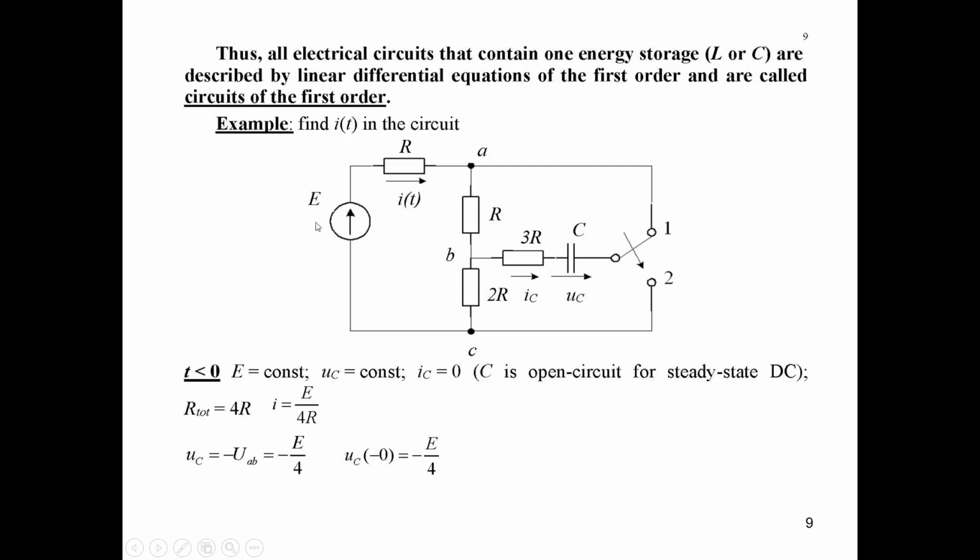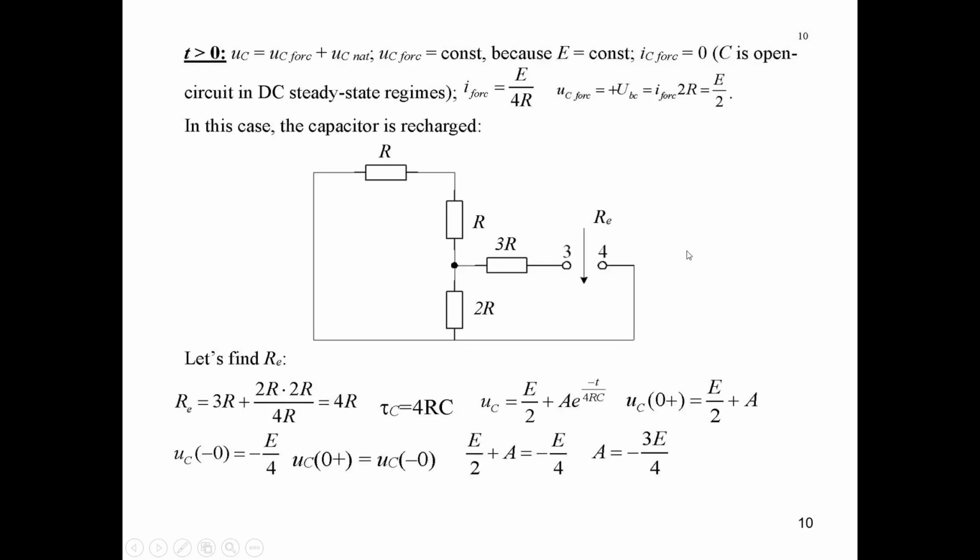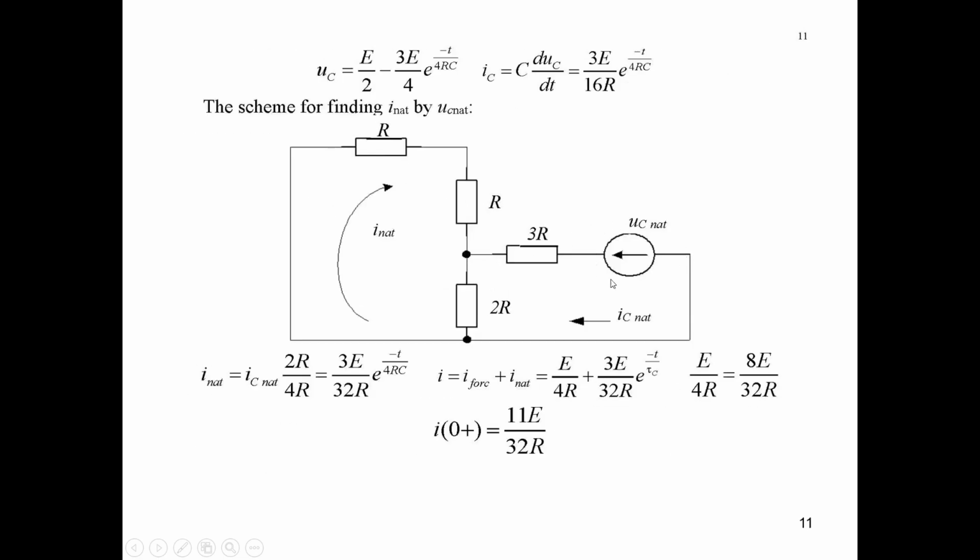So it will be just from here, we will short circuit this part, it will be R, 2R, 3R, and instead of this C, we will have an EMF source, and it is directed this way because we have here a minus sign, okay?